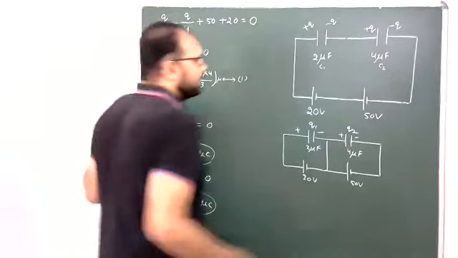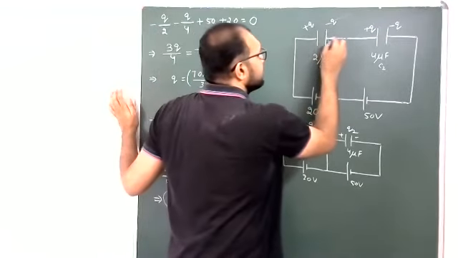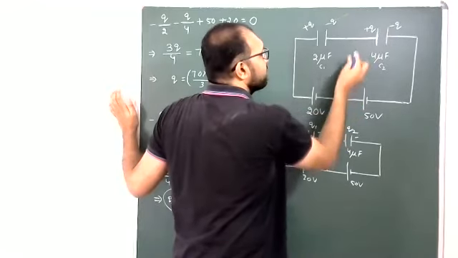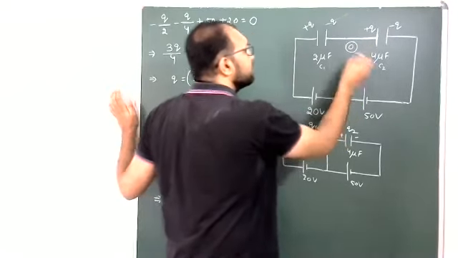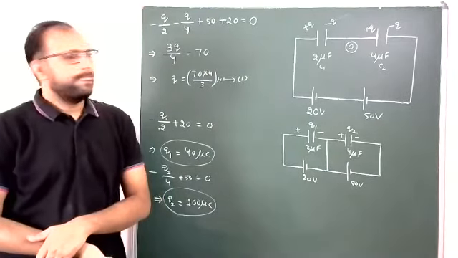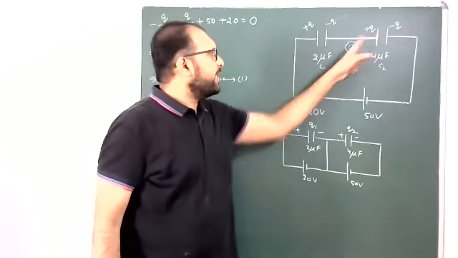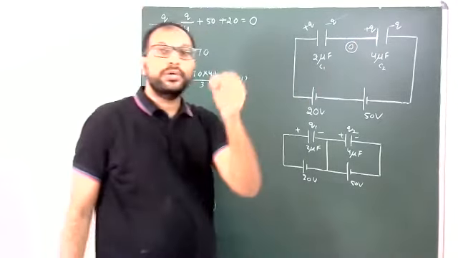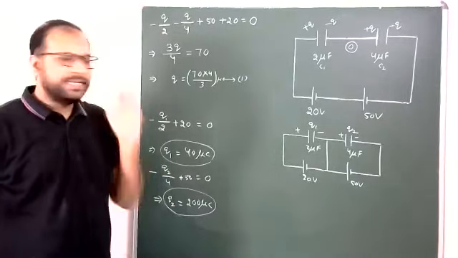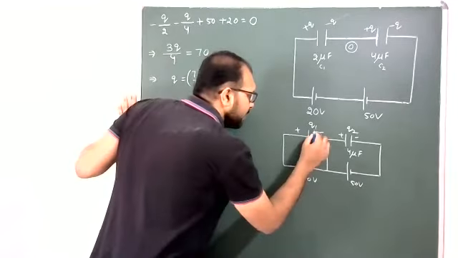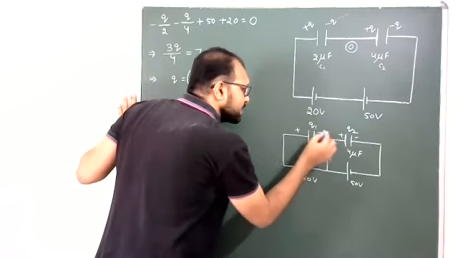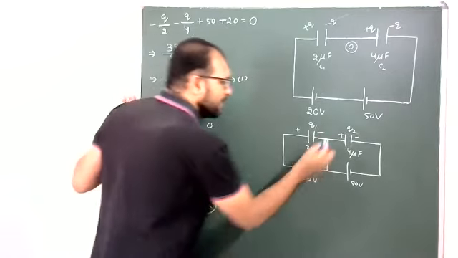Yes, now students, this plate to this plate: this is minus Q, this is plus Q. What is the net charge? Net charge is 0. Previously, from here to here, net charge was 0. But right now, here to here, this is minus Q1, this is plus Q1.